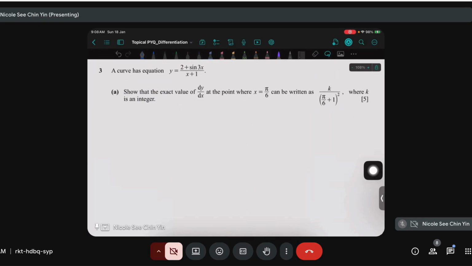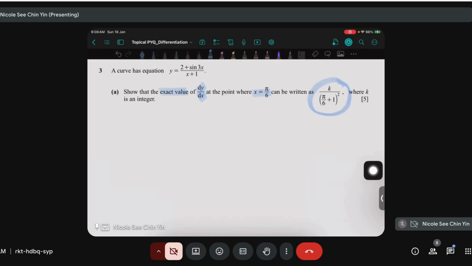A curve has equation y equals 2 plus sine 3x over x plus 1. The question asks you to show that the exact value of dy/dx, where the point is pi over 6, can be written in this form.